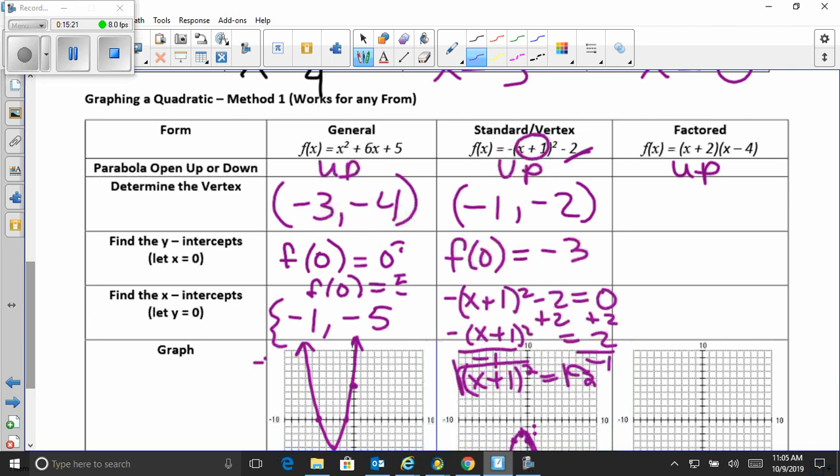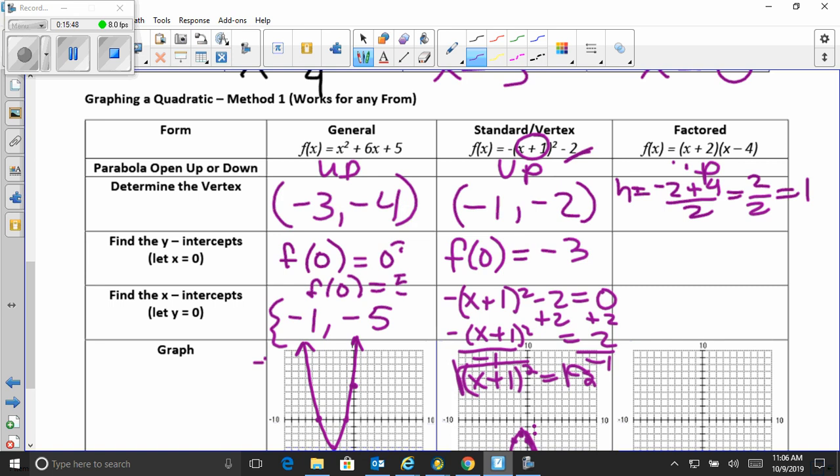All right, and then what about factored form? Well, to find our vertex, remember to find the x-coordinate, we average the x-intercepts. The formula is minus, so you've got to be careful here. It is -2 plus 4 divided by 2, which is 2 divided by 2, which is 1.